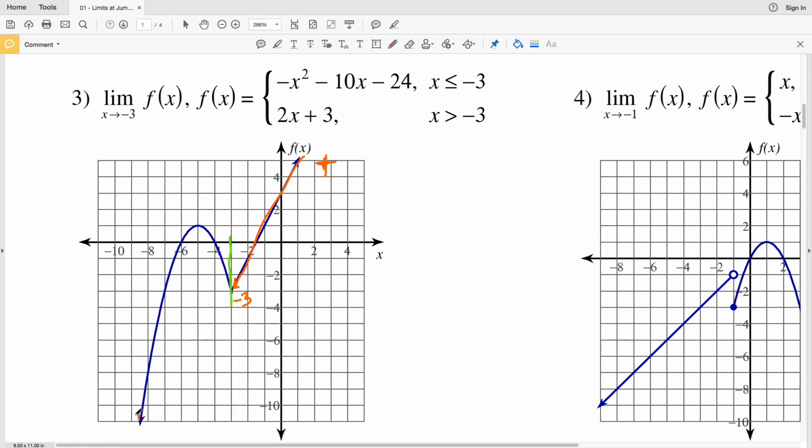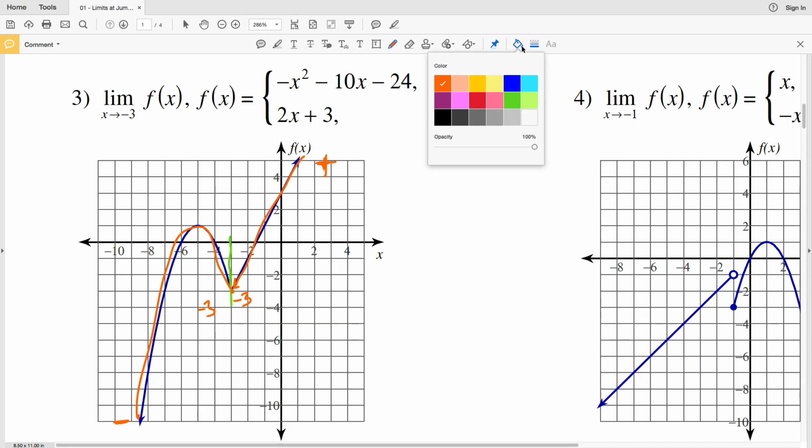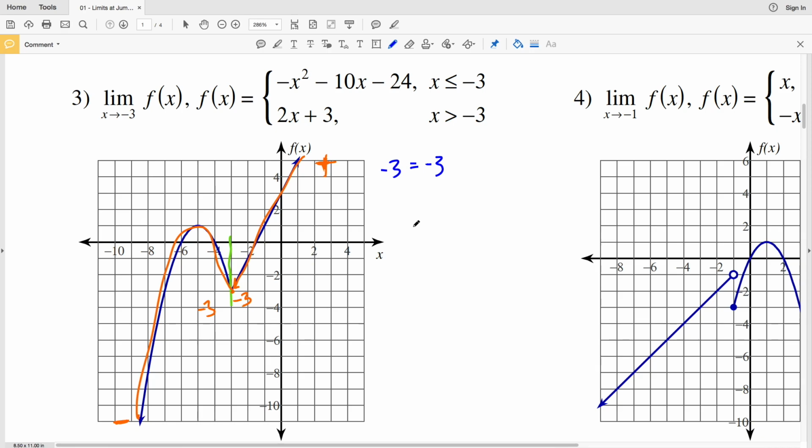And as we're approaching from the left, we're also getting closer to the value negative 3. So because the limit from the right is negative 3, and because the limit from the left is negative 3, and negative 3 is equivalent to negative 3, then the limit as x approaches negative 3 does exist, and its value is negative 3.